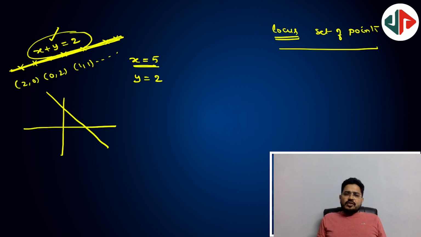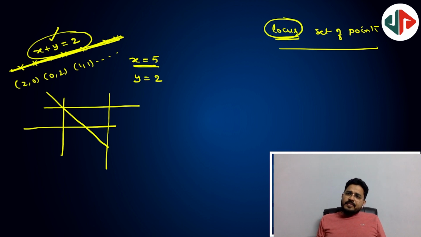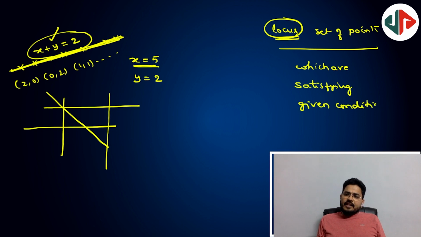x is equal to 2, maybe the line is like this. y is equal to 2, the line is like this. So locus is nothing but a set of points which satisfy a given condition. That could be a linear relation, that could be something else, whatever.